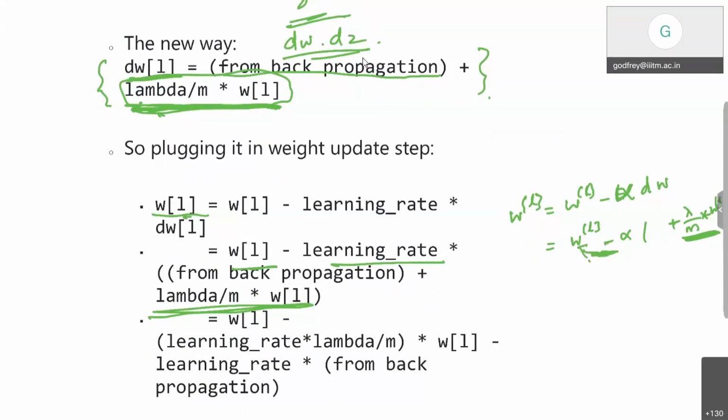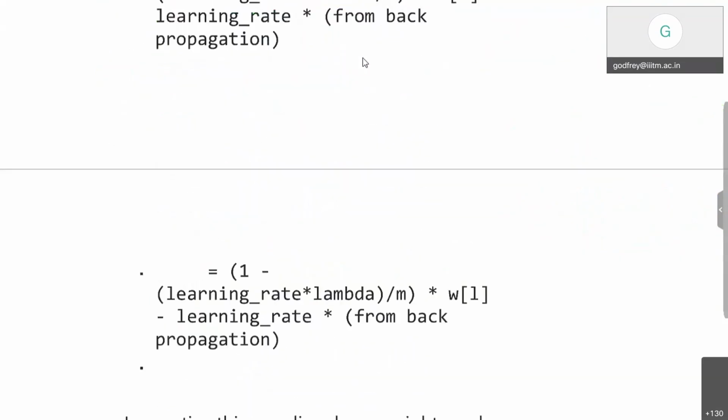So you have a negative term. Earlier you had something only. Now you also have a lambda term, which is the regularization, due to the regularization parameter. Now this is further subtracting something from the already existing WL.